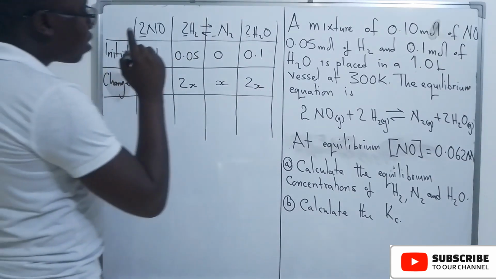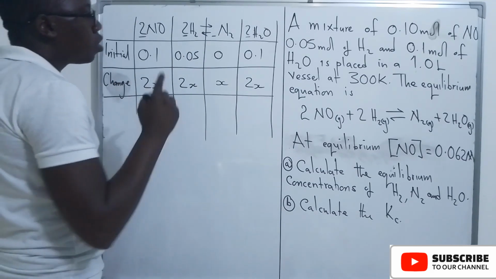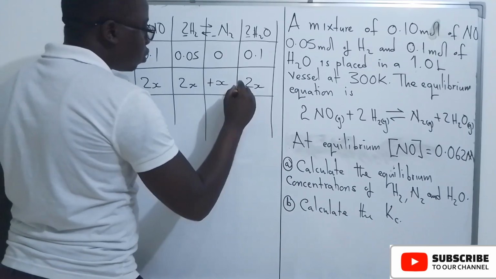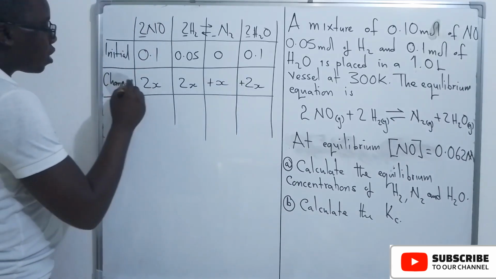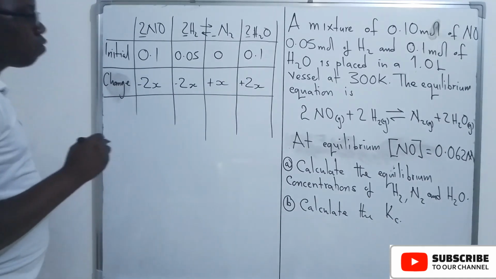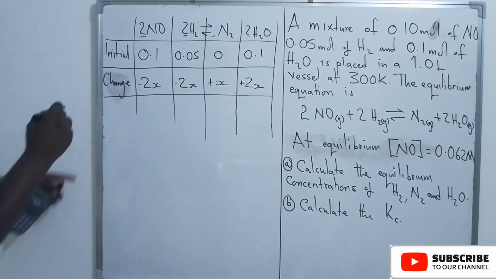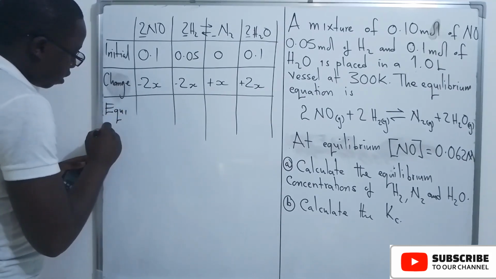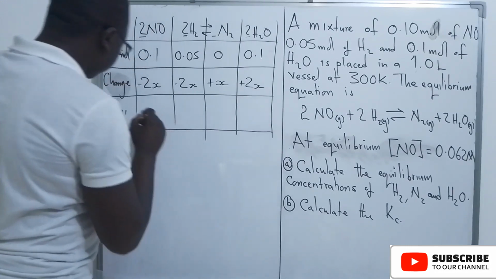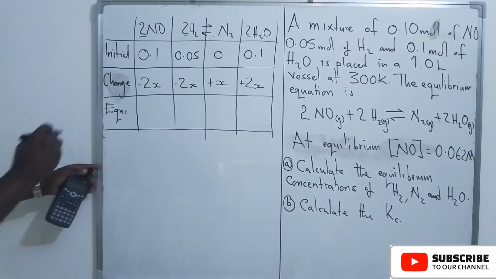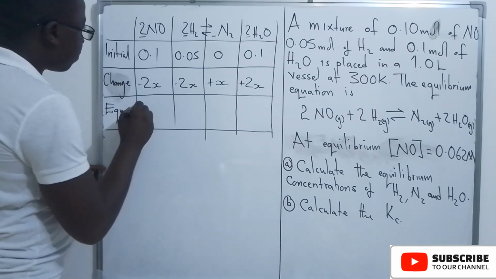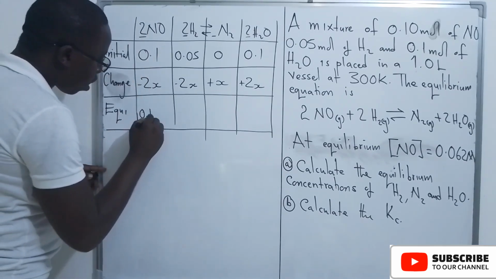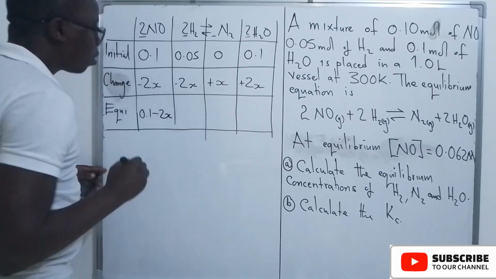Now, for nitrogen and H2O, this change should be a positive change, while for the reactants, this change should be a negative change. This simply means at equilibrium, the expressions will be illustrated as the concentration at equilibrium for NO should be 0.1 minus 2x.